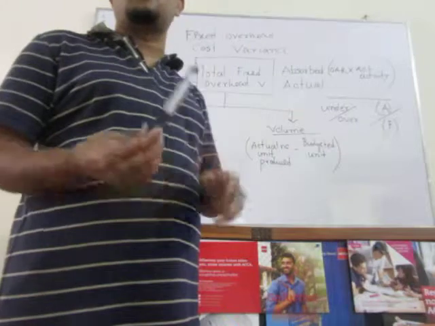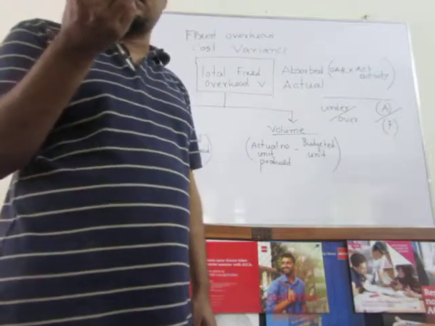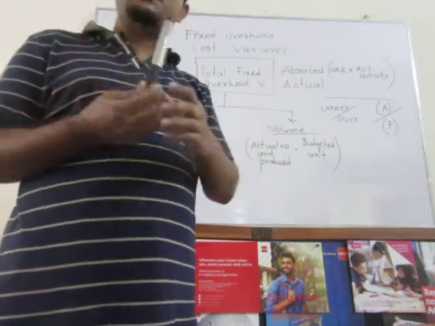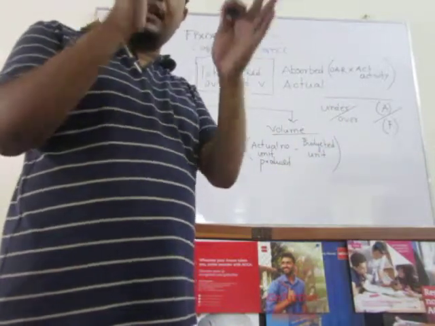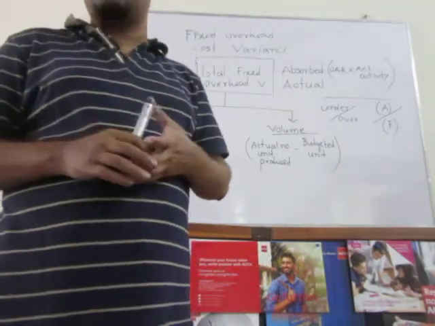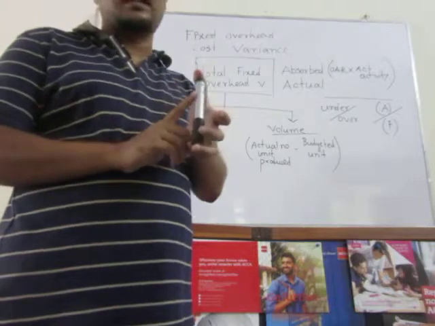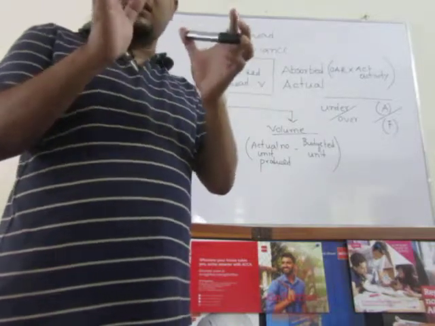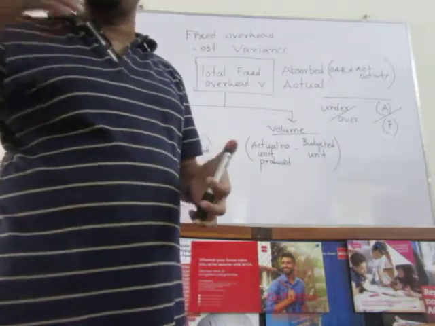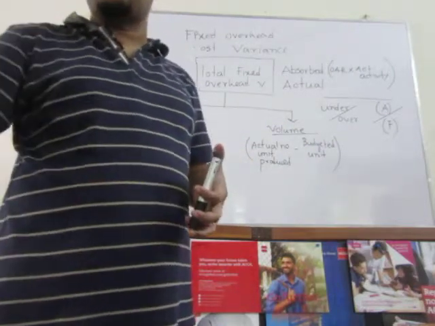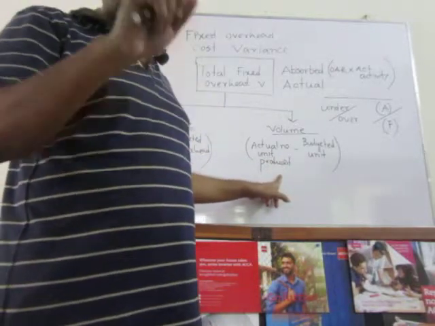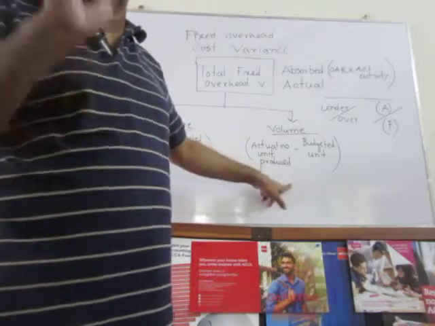Suppose you budget to produce 100 units. Somehow, because of the efficiency, within that time your workers have produced 150 units. Expectation was 100 units, but your workers somehow managed to produce more than your expectation. So when they are producing more, that means efficiency. So here more means favorable, less means adverse, because of the number, not cost.